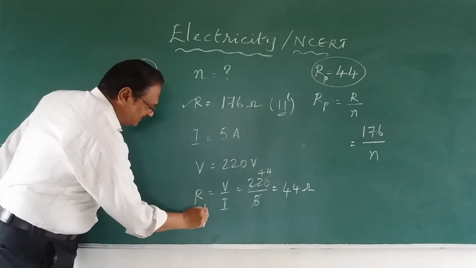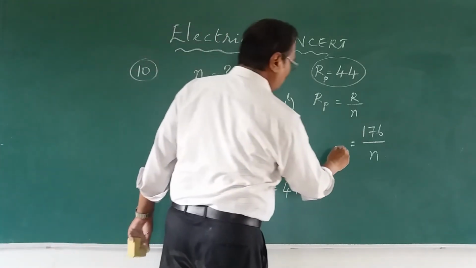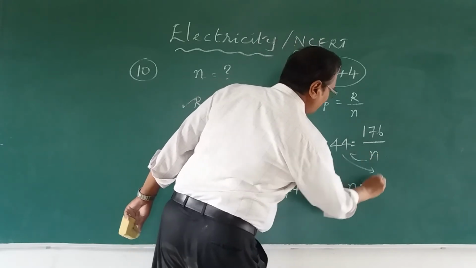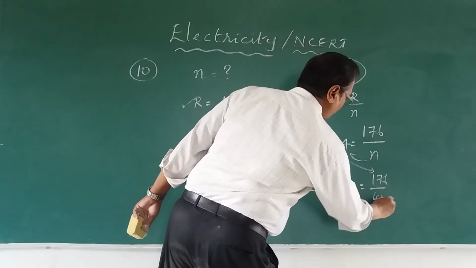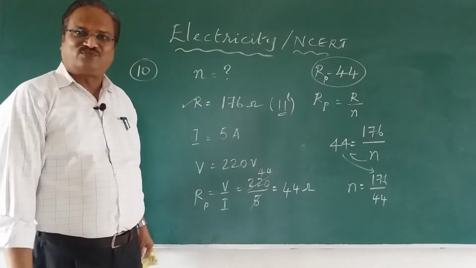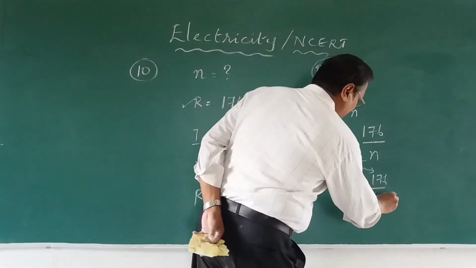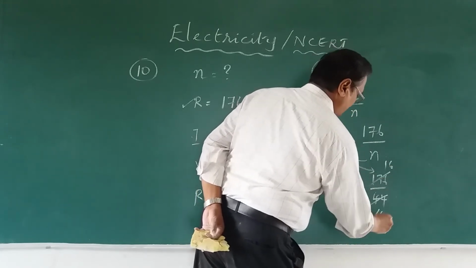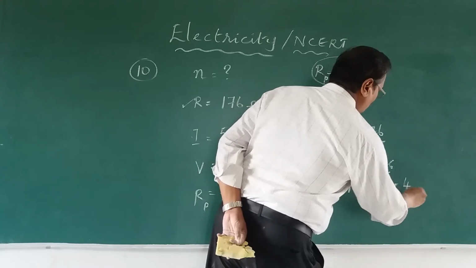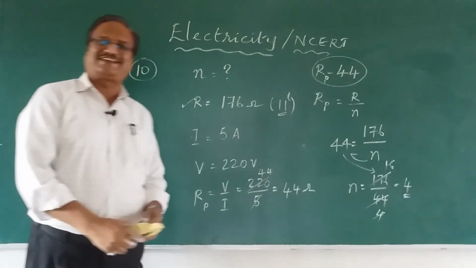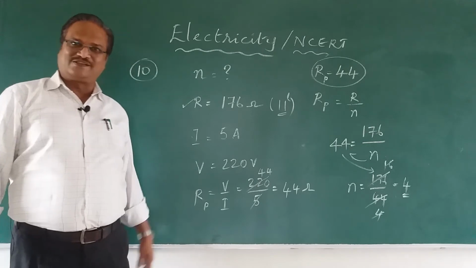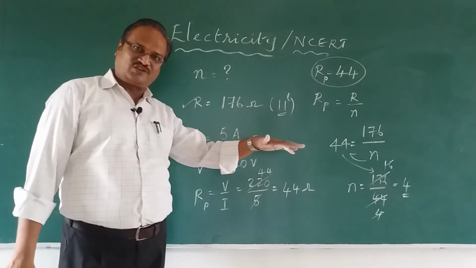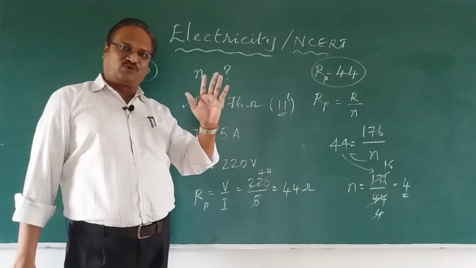Rp is what you calculated from V and I, that is equal to 44. Bring this up and take this down: N is equal to 176 upon 44. You know very well, 44 will go with only 11, so let me try 4 times 11. 1 time 11, 66, 6 times. This will go 4 times. So 4 resistors should be connected in parallel so that the current of 5 ampere will flow and the potential difference of 220 volt is given.